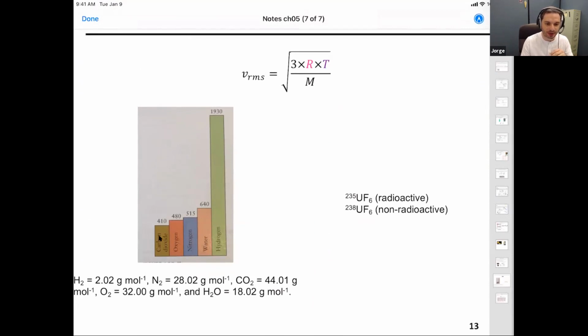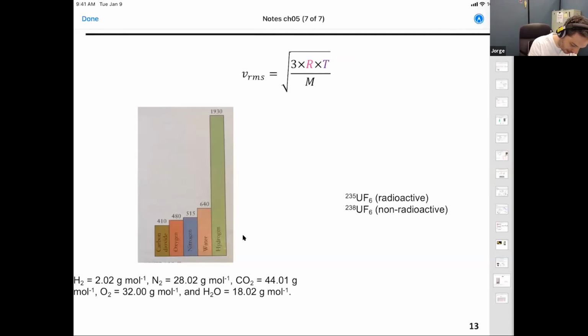The first one is carbon dioxide. Second one is oxygen. Third one is nitrogen, water, and finally hydrogen. And the idea here is to rank the average speed for each of those gases, considering that the temperature is all the same for all the gases.